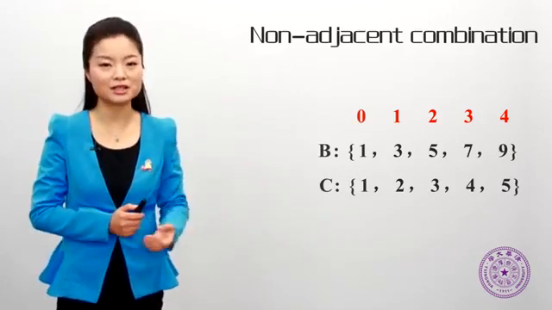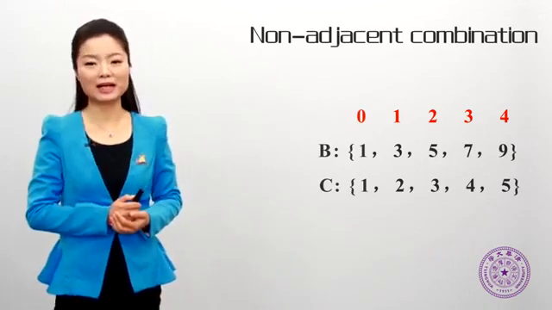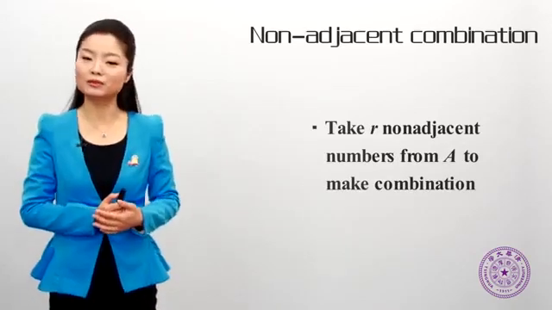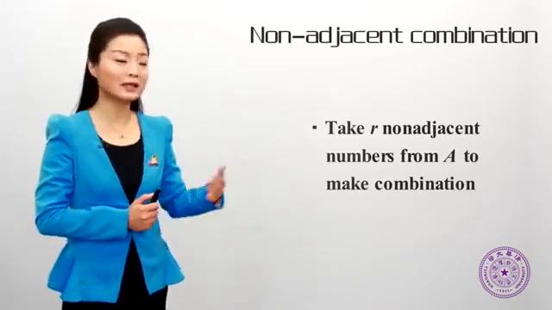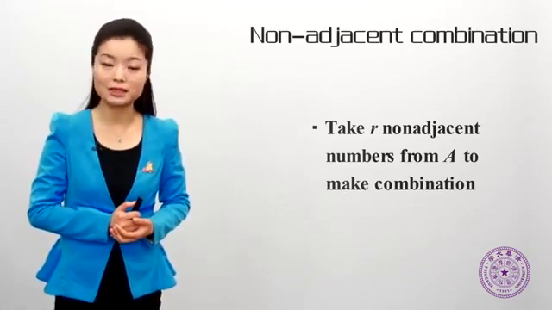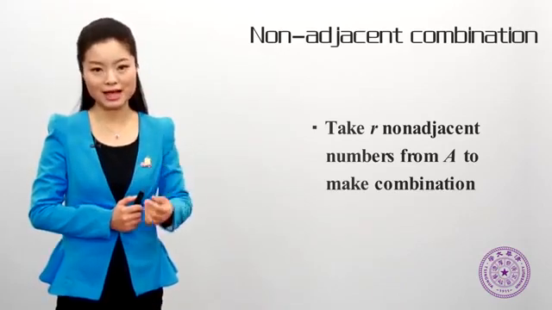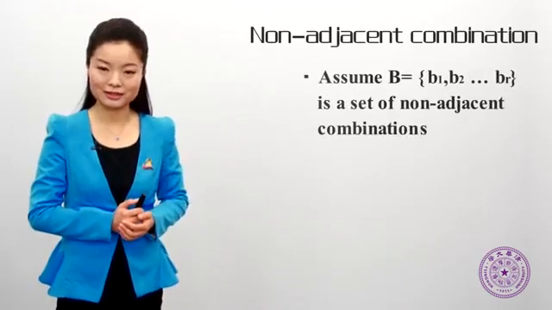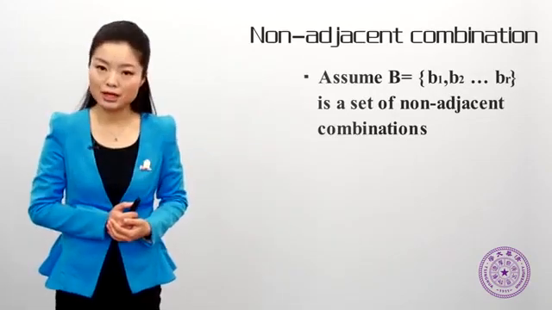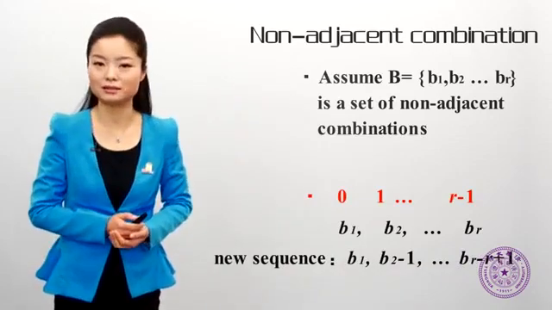We also want to know whether it's a combination without repetition. Let's look back. Let's make it more general. We want to pick R elements from n elements. How many arrangements are there? First we pick the R non-adjacent elements and denote them by B1, B2 until BR. Their indexes are 0, 1, 2 until R-1.